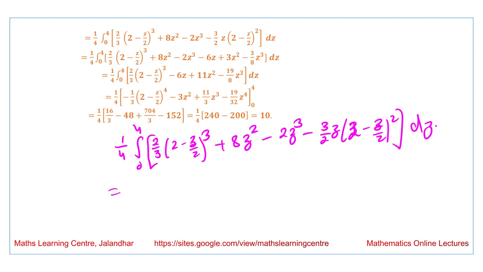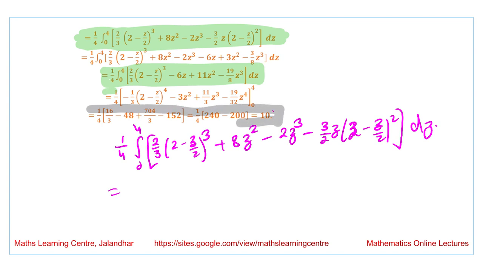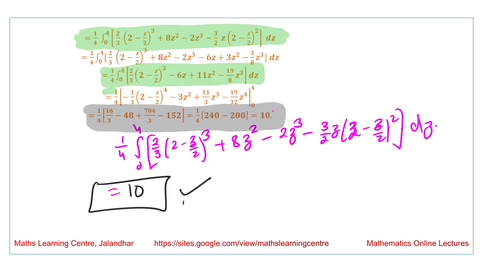Now if you integrate these values, the calculation is shown here. If you open all these brackets, you will obtain the equation in this form. You can try these calculations on your own. By integrating this, you will obtain the final answer as 10. So the value of the double integral over this surface is equal to 10.